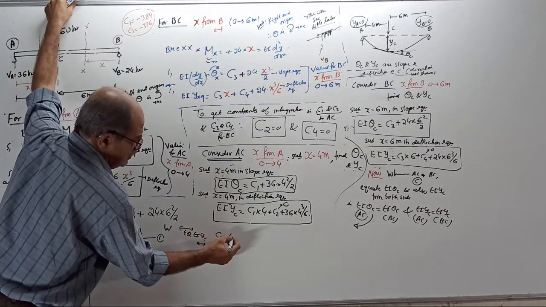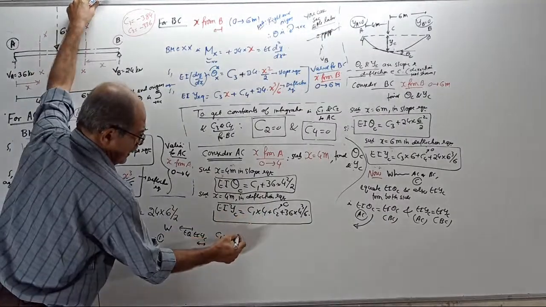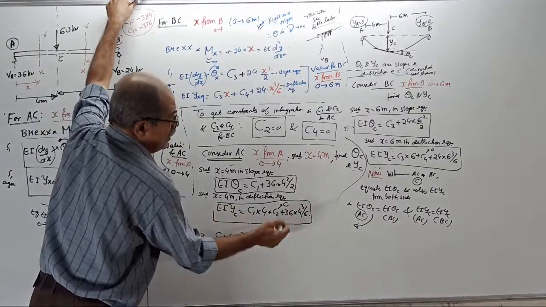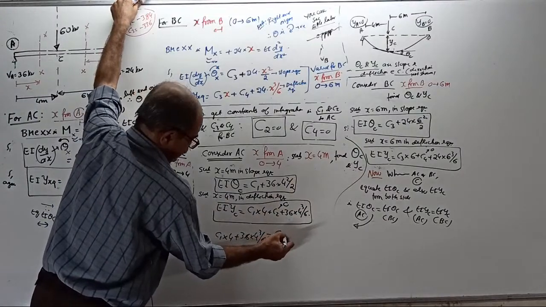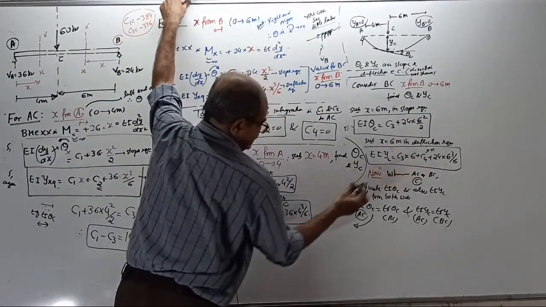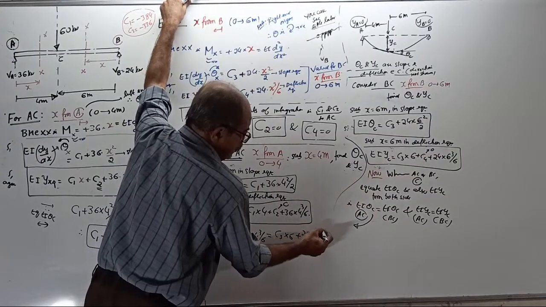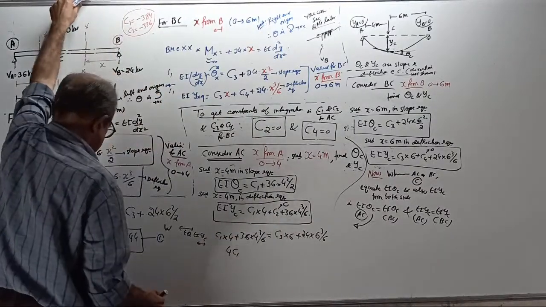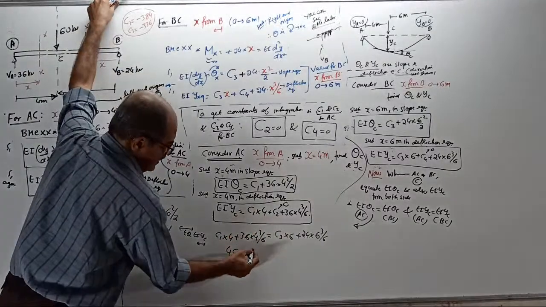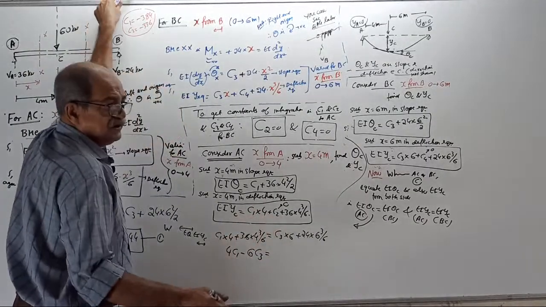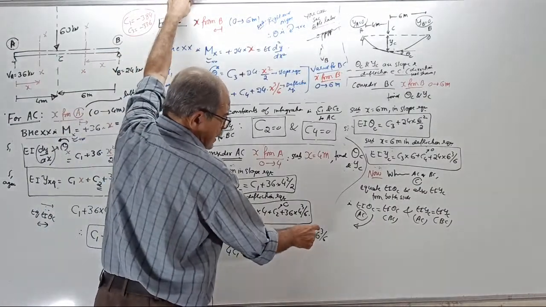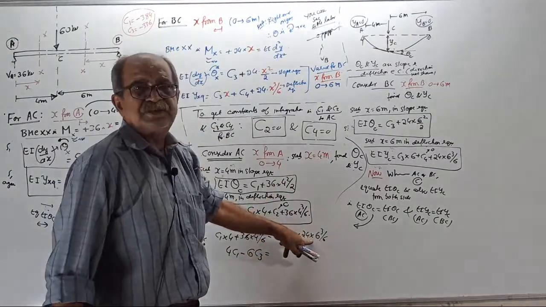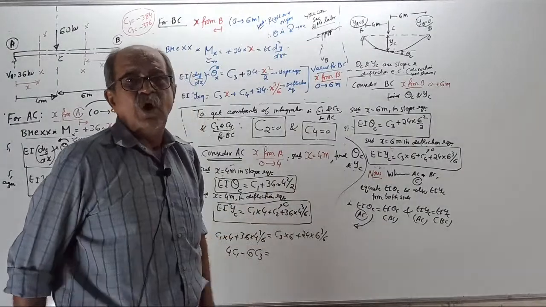C1 into 4 plus 36 into 4 cube by 6 should be equal to C3 into 6 plus 24 into 6 cube by 6. So 4C1 minus 6C3 equals 24 into 6 cube by 6 minus 36 into 4 cube by 6.